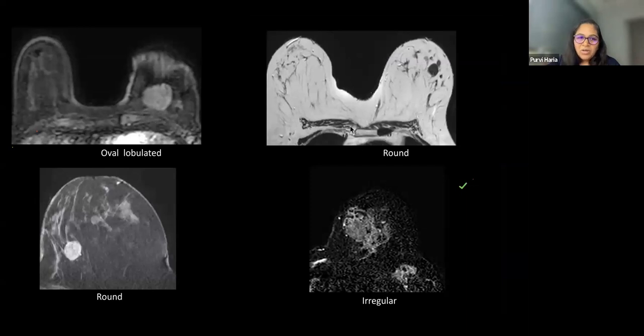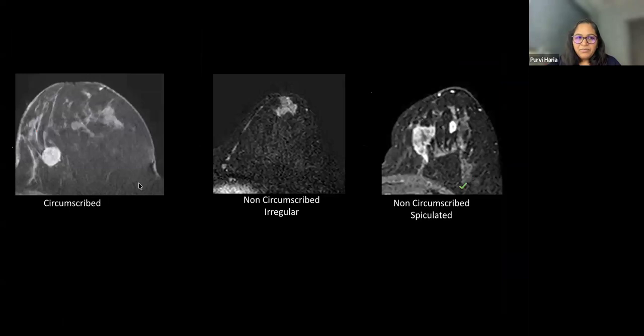This is round. This is again a round lesion, whereas this is a very irregular lesion. This has a heterogeneous enhancing pattern, whereas this has a homogeneous enhancement, whereas this is a non-contrast image, so here we don't talk about the enhancement. And same with the margin.